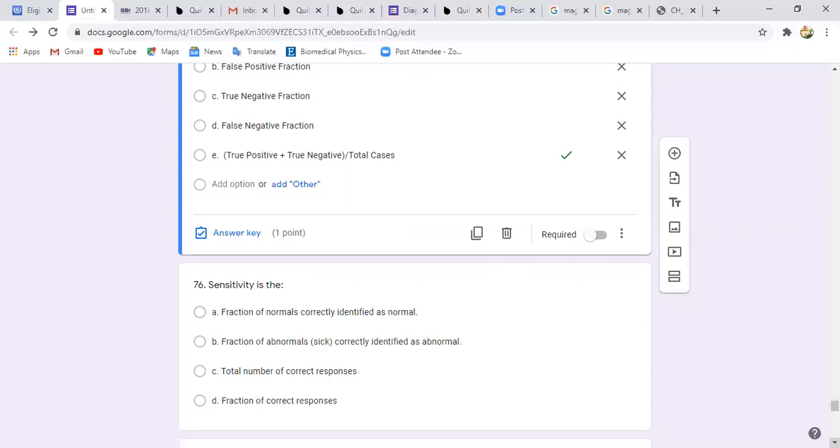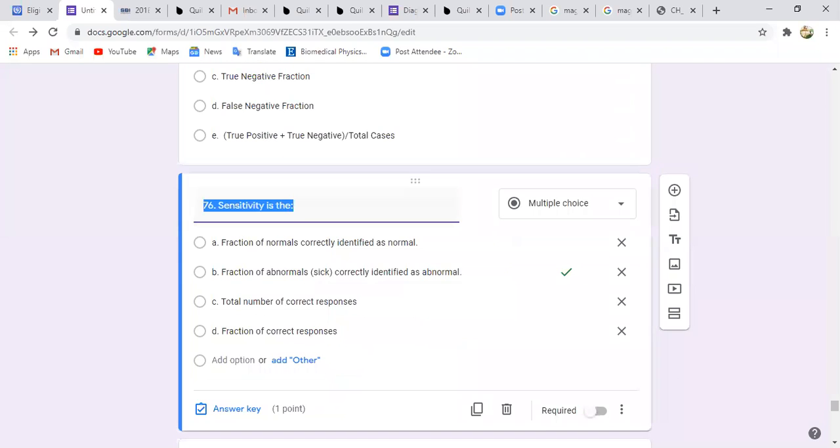So the sensitivity is true positive over true positive plus false negative. Sorry, I mean false negative. So sensitivity is the fraction of abnormals that are correctly identified as abnormal. It is different from specificity, which is the fraction of normals correctly identified as normal.